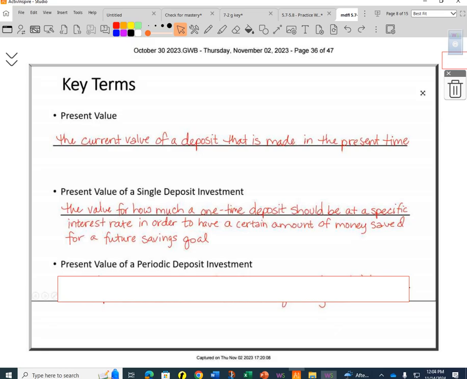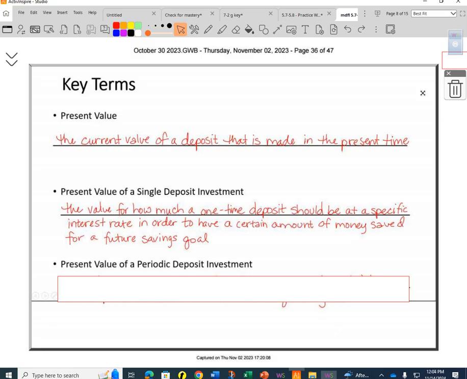The next one is basically the same thing, but now it would be a periodic investment. We learned about periodic investments earlier in this unit. A periodic investment is the same amount at regular intervals, right?